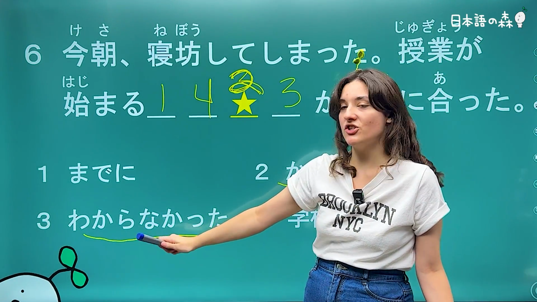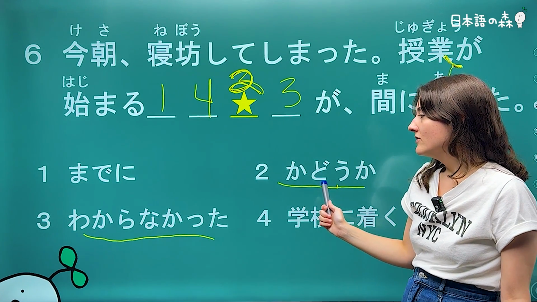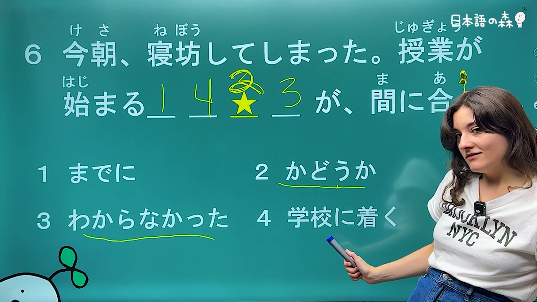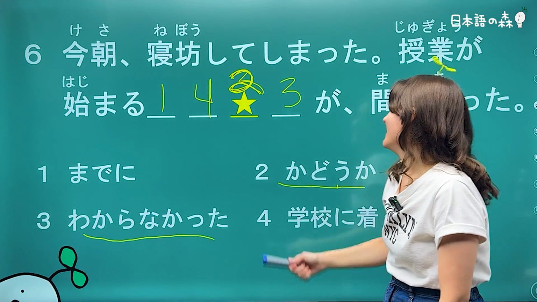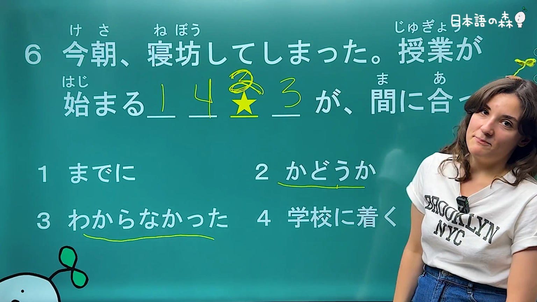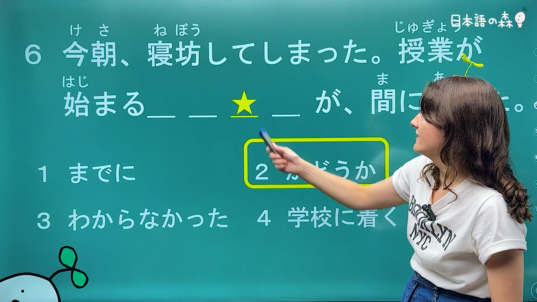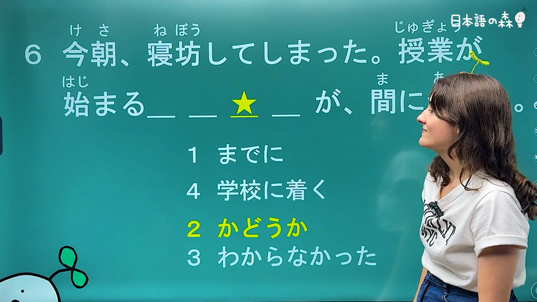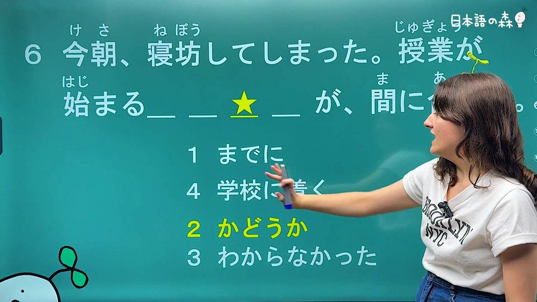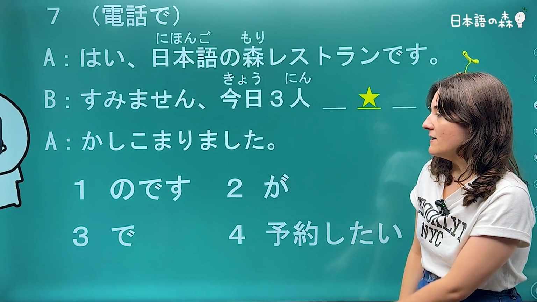I wasn't sure whether or not I would arrive at school by the time class started, right? But I made it in time. 間に合った. Right? And so here, because we had number 2 coming in this spot, that's our answer. Here we can see them all lined up. までに学校に着くかどうかわからなかった. Next up.